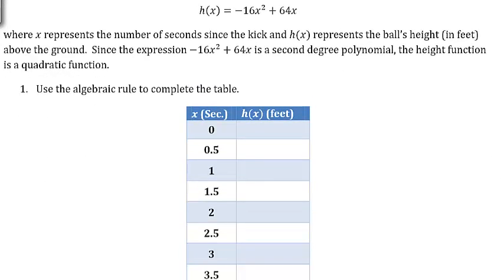We want to use the algebraic rule to complete the table. So at 0 seconds, if I plug 0 into both of these x's, then we'll get 0. And then if I plug in 0.5, we'll get negative 16 times 0.5 squared plus 64 times 0.5.